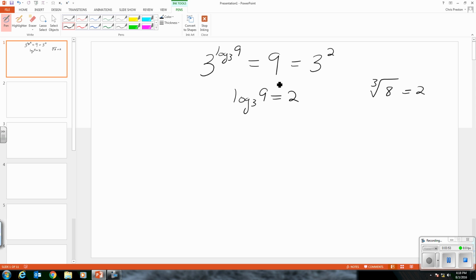This connection here between a format where you write things as an exponent and you write things as logs, and logs are exponents. So if you keep that in mind, that logs are exponents. So this first one here we call the exponential form.